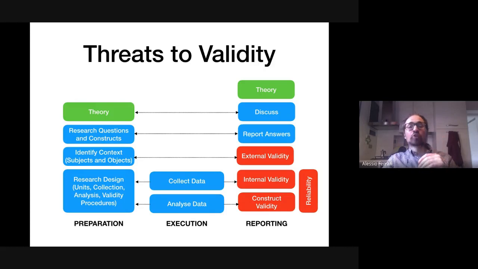So I have to show that my analysis and the chain of relationship between the constructs and the measure that I took is sound. And the reliability is related to both collecting data and analyzing data, because reproduction of the study means reproduction of all the activity of data collection and data analysis.